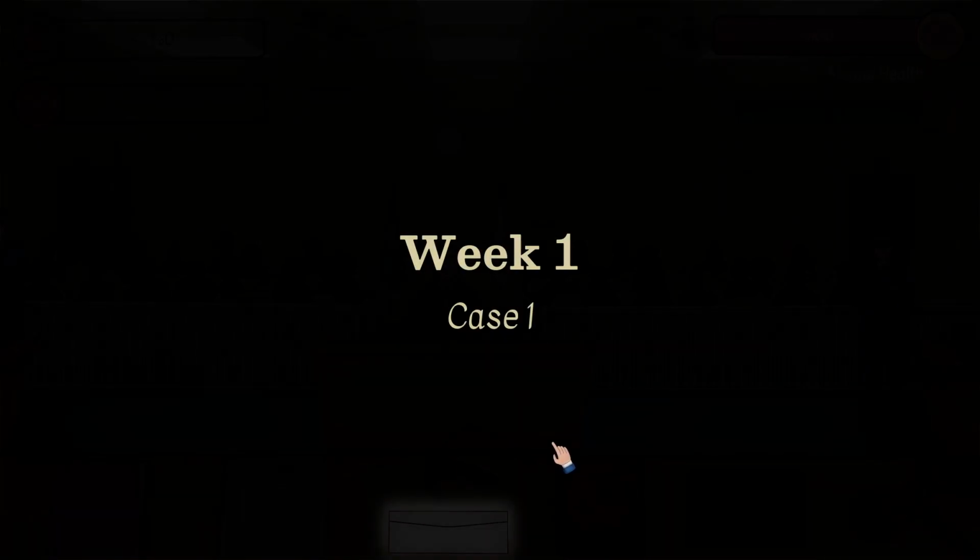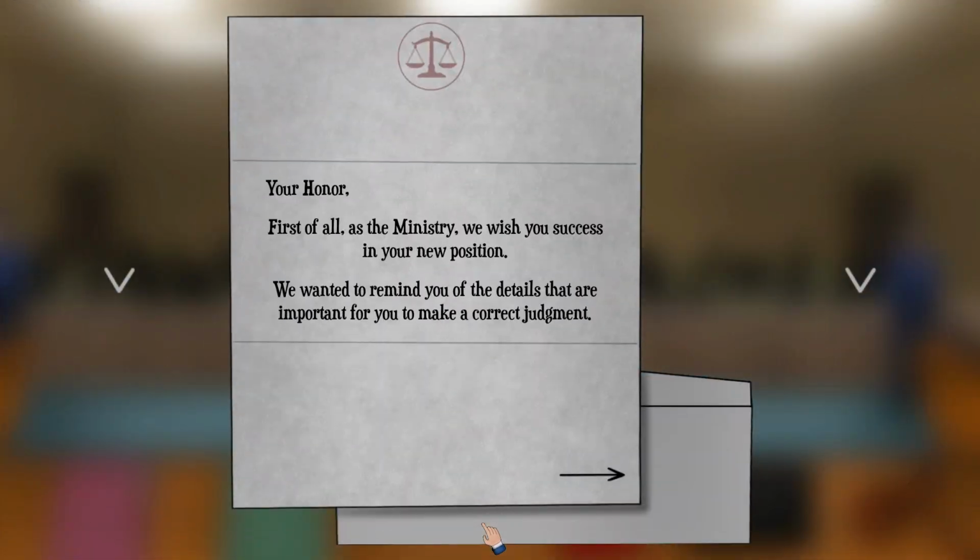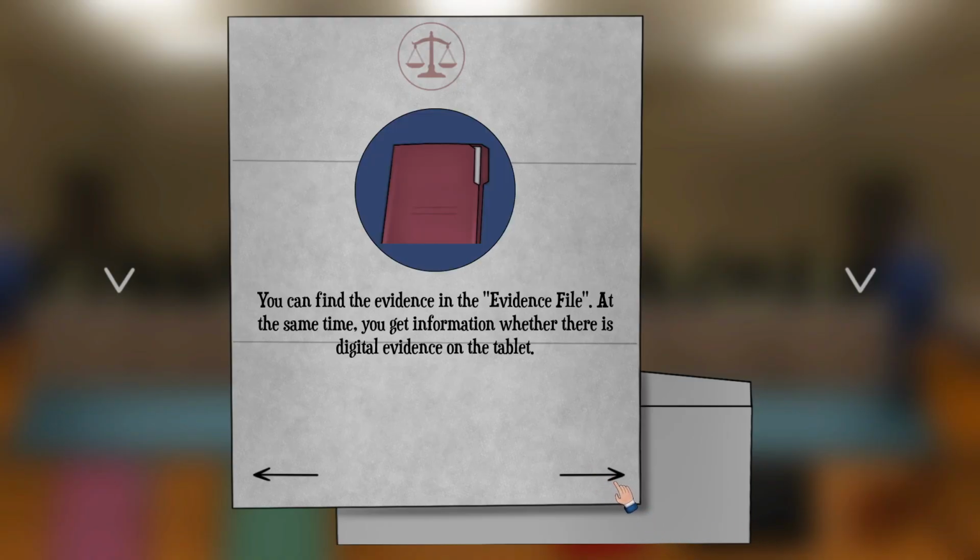Week 1, case 1. Your Honor, first of all, we wish you succeed in your new position. We wanted to remind you of the details that are important for you to make a correct judgment. You can find evidence in the evidence file.